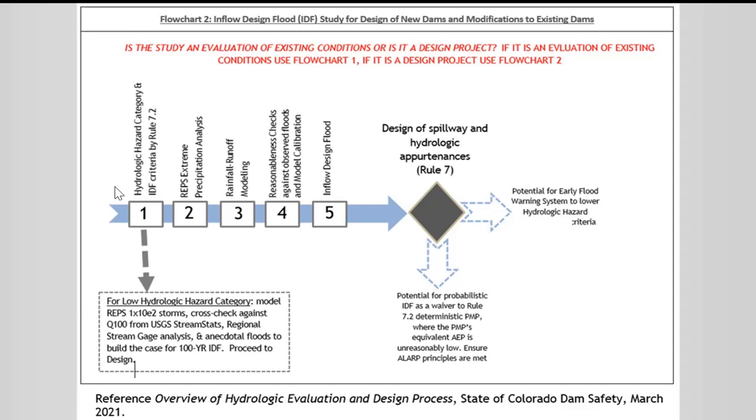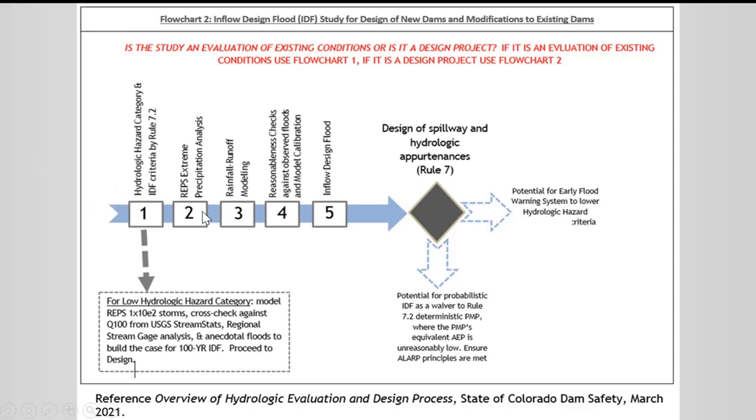The categories are discussed in our rules in Rule 7.2 and in Rule 4. But again, they're extreme, high, significant, and low. The purpose of the hydrologic hazard category is to set the IDF criteria.